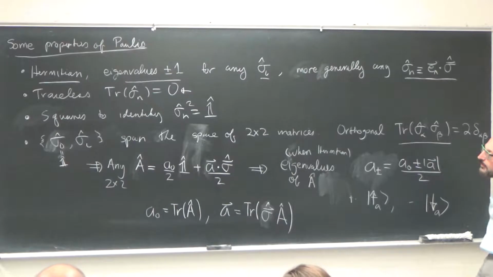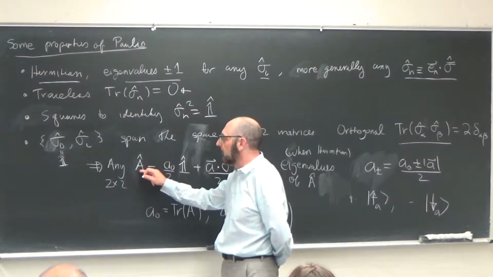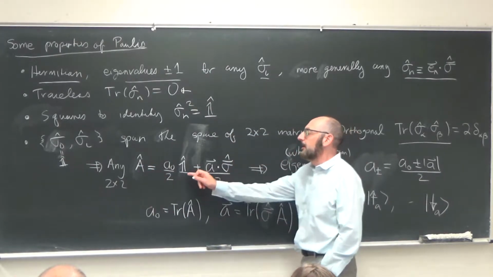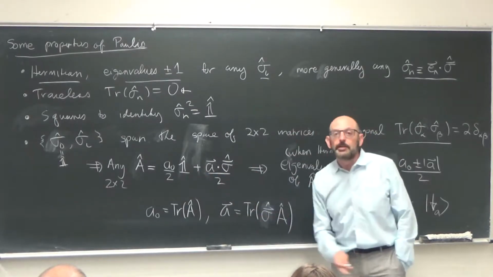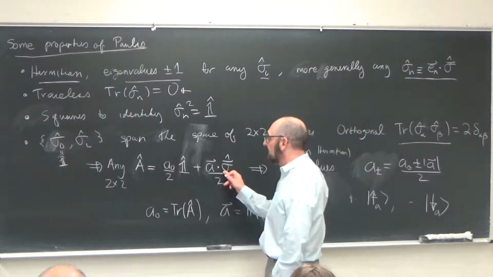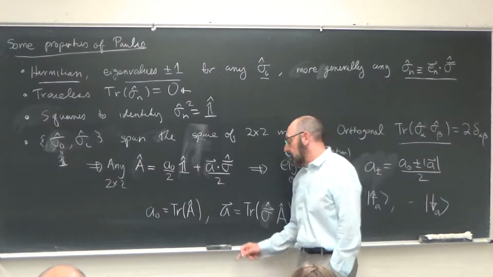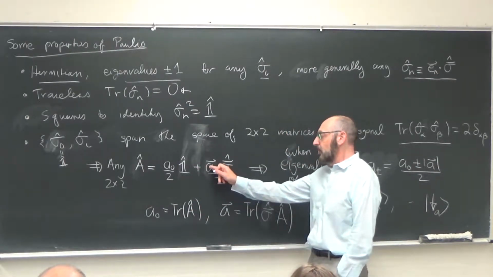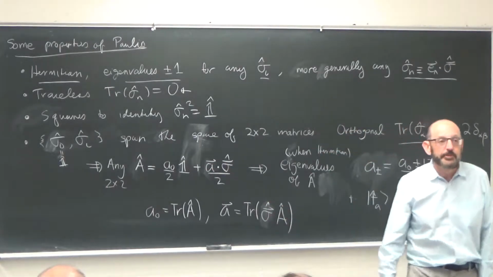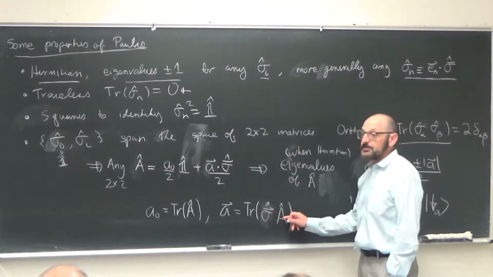And thus, we can express any 2x2 matrix or an operator on a 2D Hilbert space as a linear combination of the identity matrix and the 3 Paulis, written here with a parameterization so that A0 is the trace of the matrix, and this vector of coefficients A are the coefficients associated with the trace overlap of A with each of the Paulis.